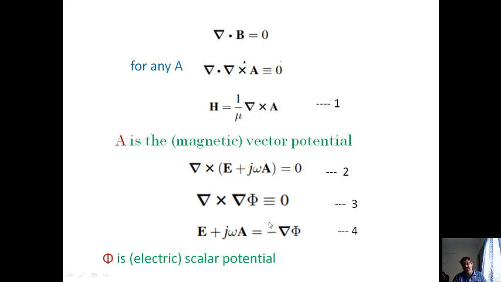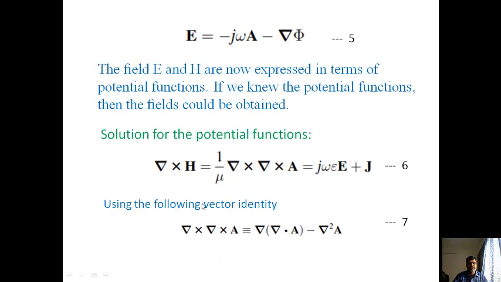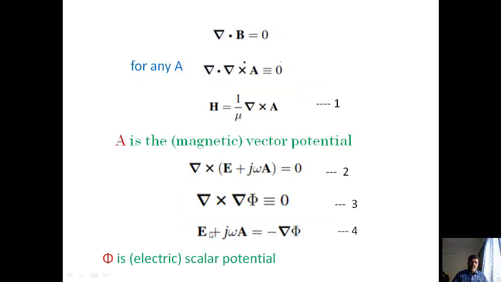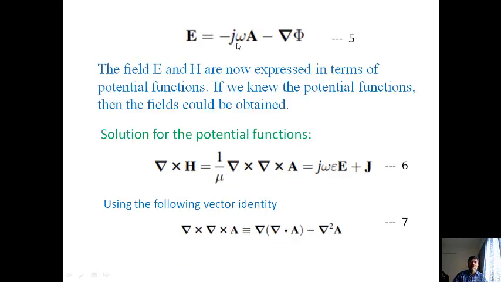The significance of this negative sign is that the potential and the field will be in opposite directions. Therefore, bringing this term to the right hand side, E equals minus j omega A minus del phi. So, the fields E and H are now expressed in terms of potential functions only. If we know the potential functions A and phi, we can compute the electric field.